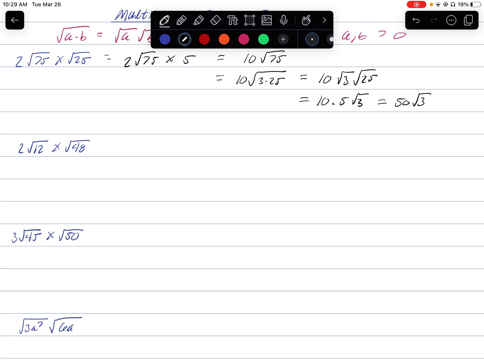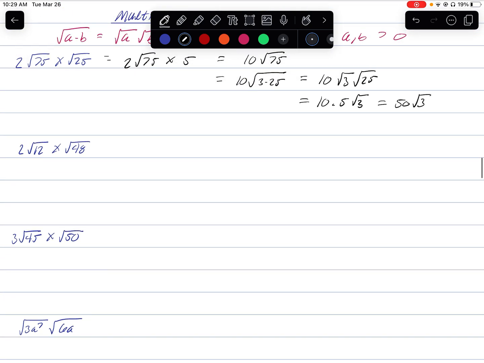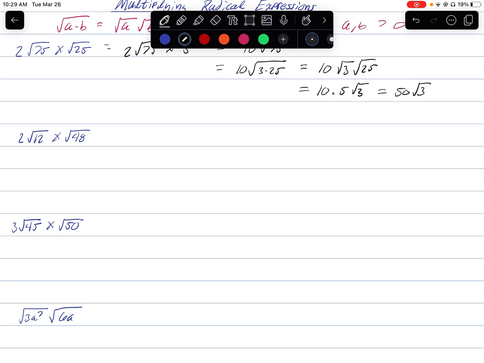Okay, now let's look at this one. Here we have 2 times the square root of 12 times the square root of 48. Neither one of these immediately simplifies to a whole number, so we're going to have to do a little more work here. The square root of 12 can be written as the square root of 3 times 4.